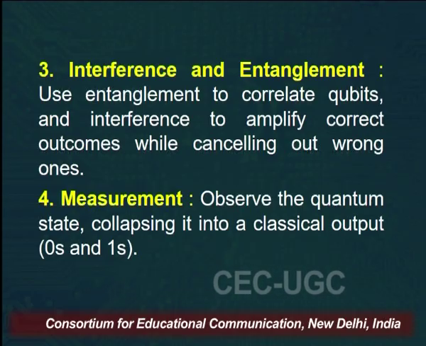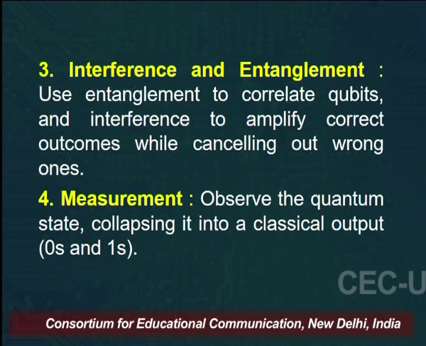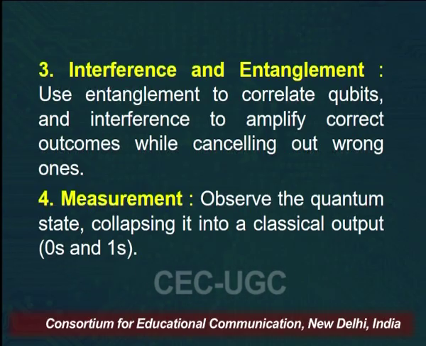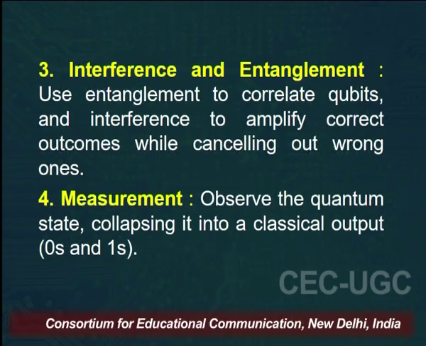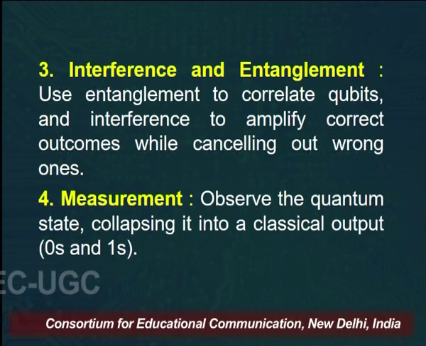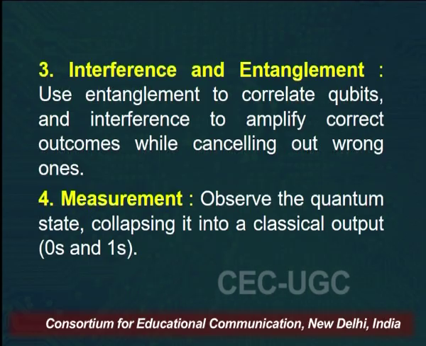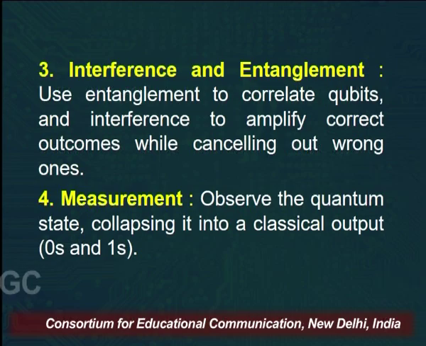Here there is a correlation between the qubits, as we have given in the example already, where we use entanglement. There must be a correlation between the qubits that can be handled by the interference and entanglement steps, so that the output we get is correct.